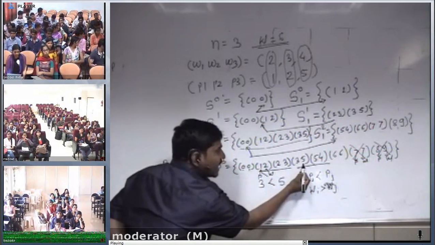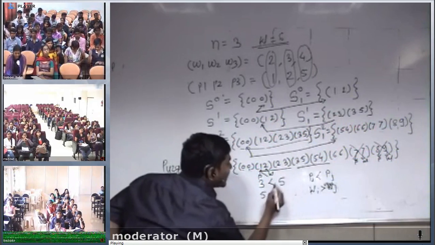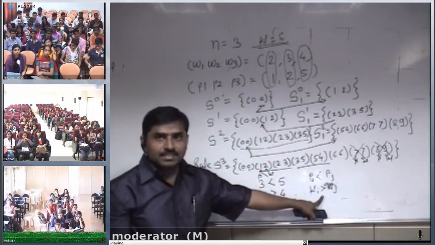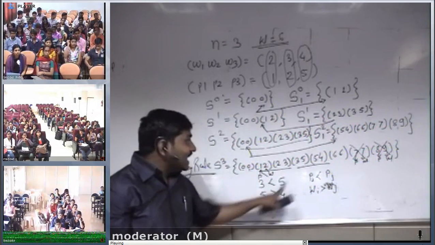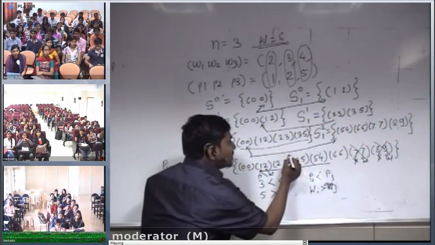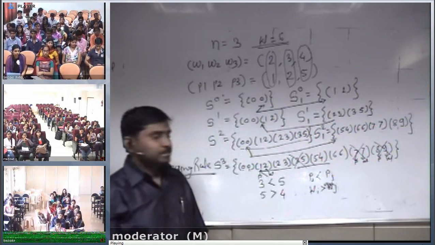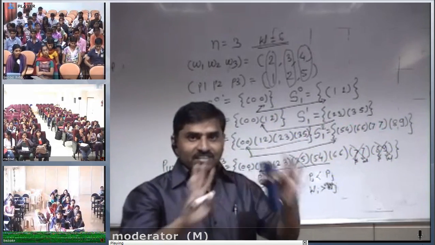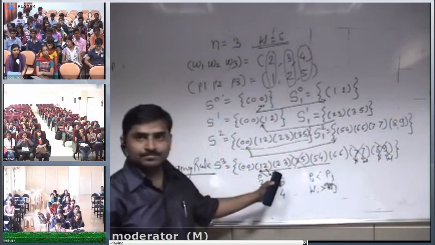And the weight of this pair, 5, is greater than 4. Does it satisfy the condition? Yes. Then I discard that pair. Clear? So by applying the two rules of the purging rule, I discard pairs from the list.